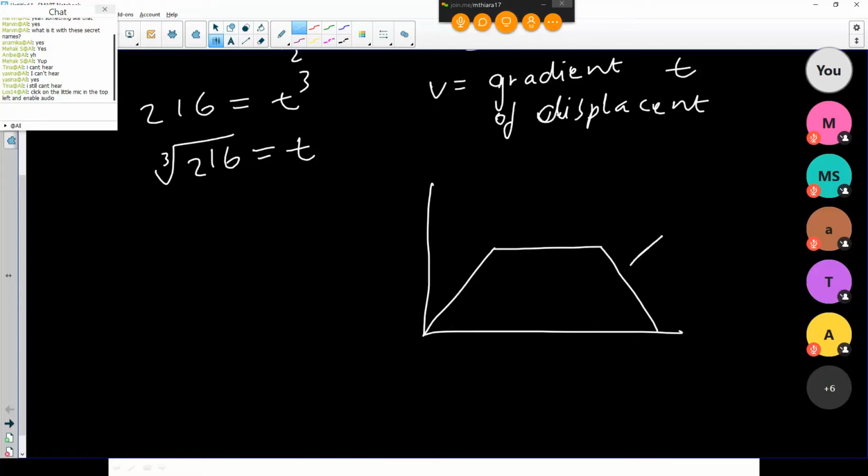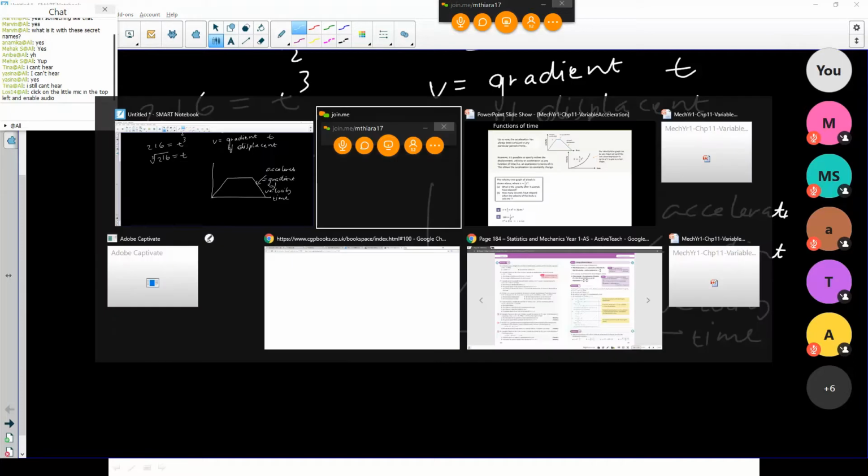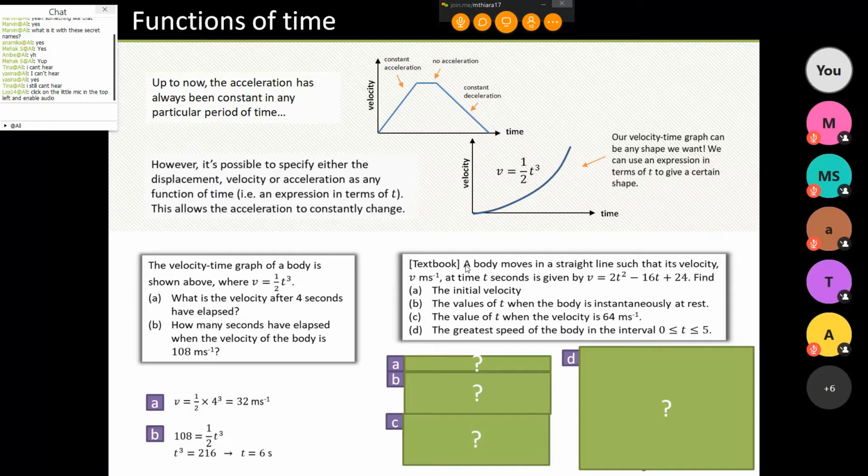We would have that acceleration was equal to the gradient of the velocity time graph. So just remember these couple of things, and then as we go through it, it's just going to become quite simple, I feel. Right, so going back to this, let's have a look at the next example.